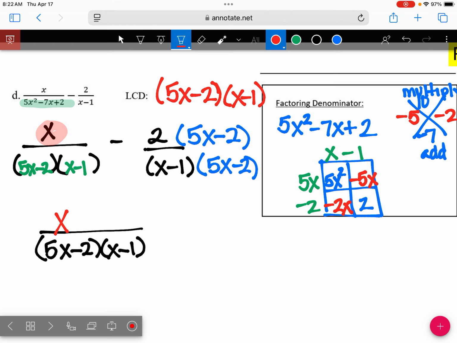The next thing I have is a minus, so I'm going to put that next. And then I have a 2, so I'm going to put that next. And then right next to the 2, I have a parentheses, 5x -2. So I'm going to put that next.